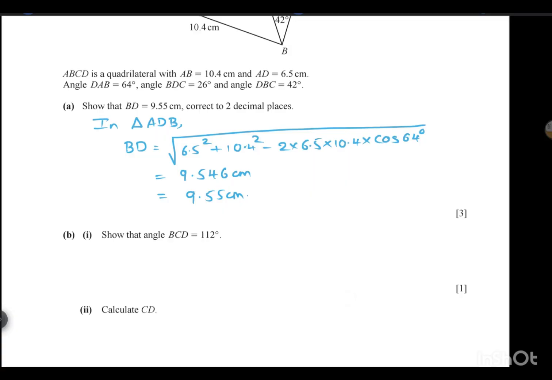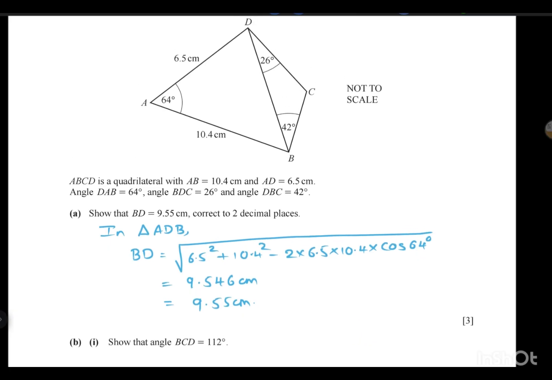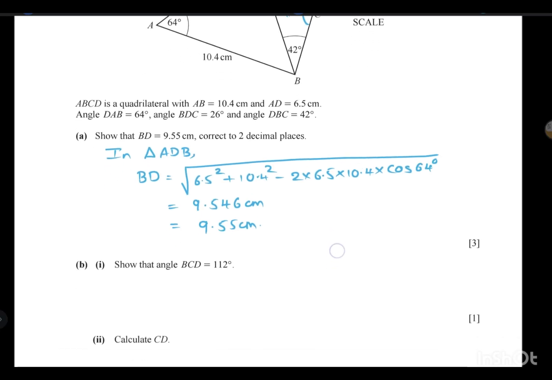Question B 1 and 2 is given. Question B1, show that angle BCD is equal to 112 degrees. We have to show that it is 112 degrees. How will you show it? Now in triangle BCD, two of the angles are given.